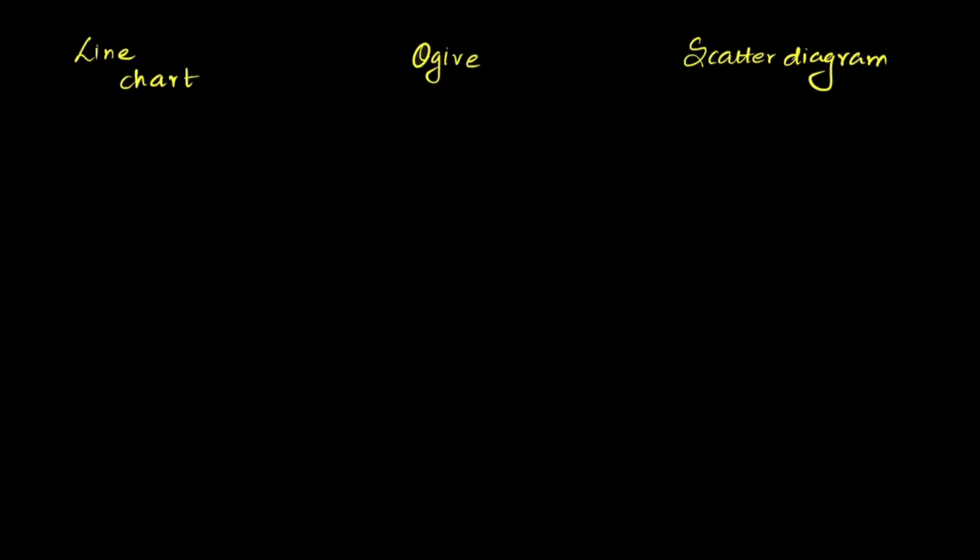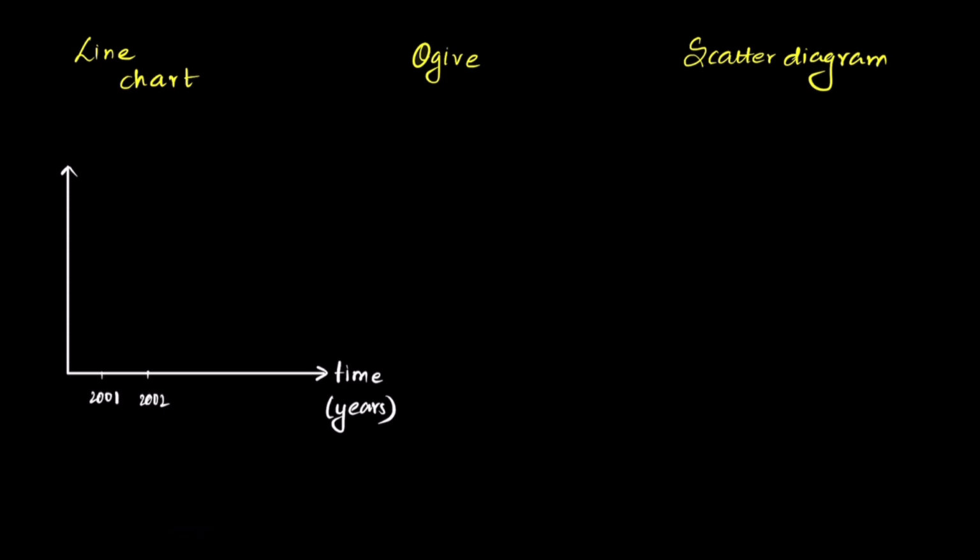In line chart, also you have two axes, an x-axis and a y-axis. On x-axis, you have time. Let's say I have taken time in years. So there's 2001, 2002, 2003, 2004, 2005. And on y-axis, you have events.